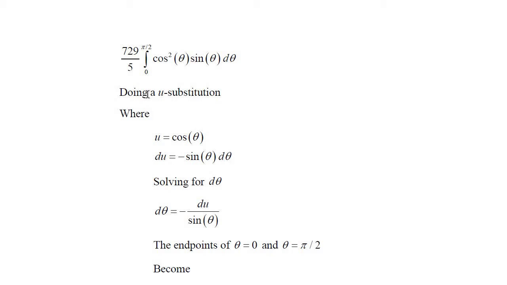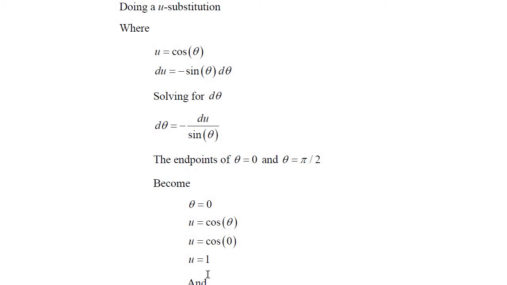Now my endpoints are going to change as well. These endpoints where theta is equal to 0 and theta is equal to pi over 2 are going to become the following. When theta is equal to 0, u is cosine of 0, which gives me 1.